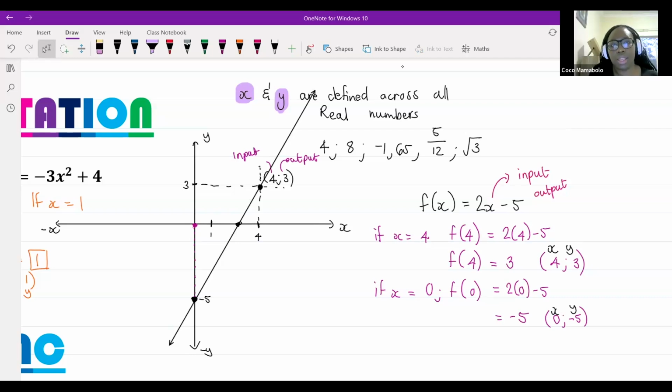Okay, let's say, for instance, at the point 3, the y value would correspond to a point that crosses the graph. If my x value is 1, my y value at that function of 2x minus 5 will cross on that line that we've drawn.